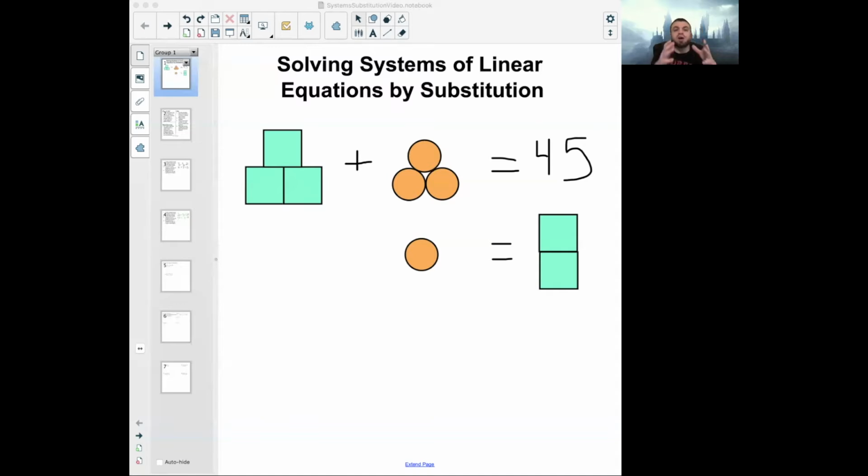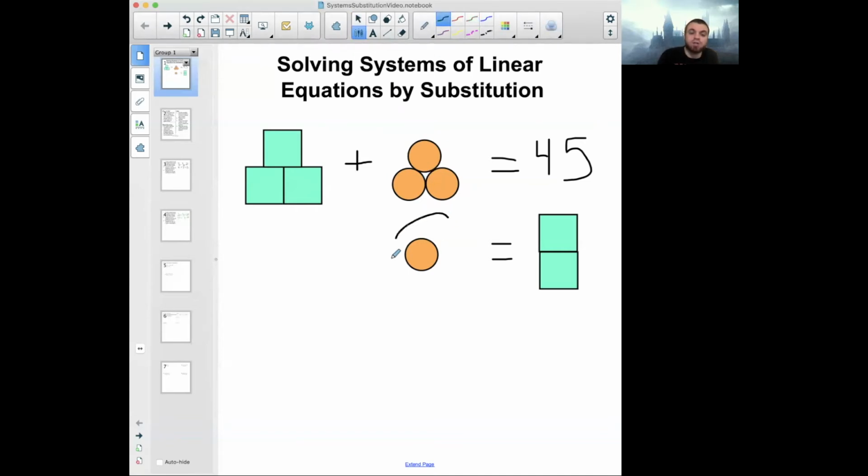And in doing that, hopefully you see how these equations look different than what you saw when you were doing graphing. Namely, we already know the value of the orange circle: an orange circle is equal to 2 teal squares.